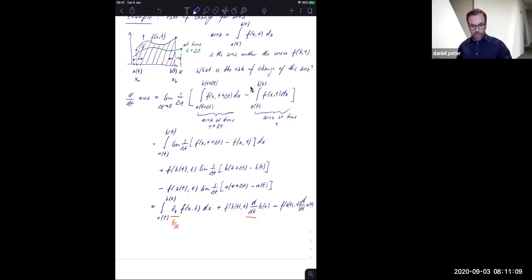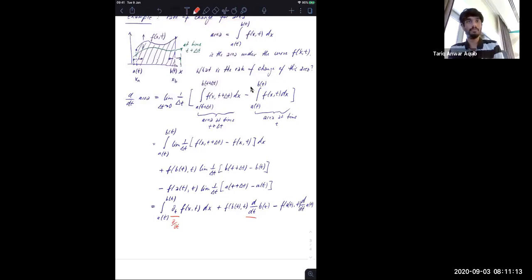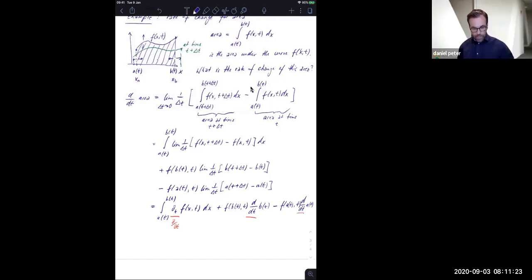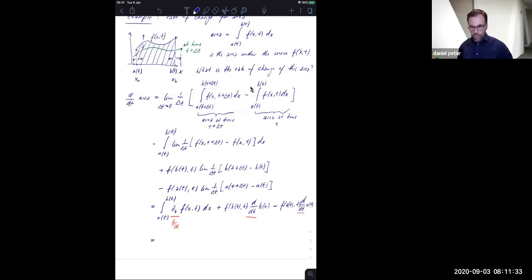So is it clear with the notation here? Good. So what we do is basically these last two terms, let's write them a little bit different.